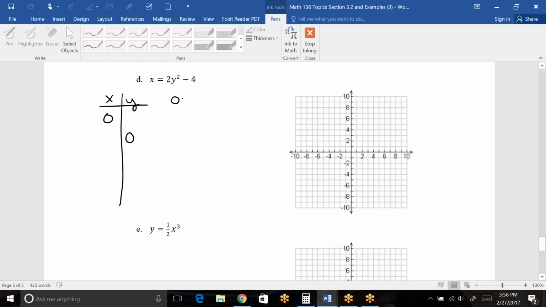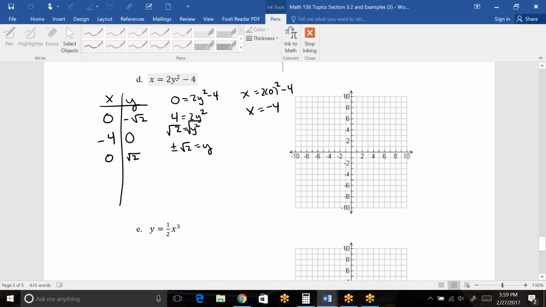If I make the x 0, notice I get this. That would mean add the 4 over, divide by 2, and I do have to take a square root here. So I do get plus or minus square root of 2. So this will be negative square root of 2, and I'll need to add another point for positive square root of 2. If I plug in 0 for y, notice this time that goes a lot quicker because you just get negative 4.